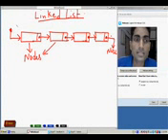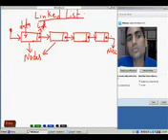Within this node there are two parts. One is known as the data part, and another part is known as the link part, which is linked to the next node in the series.